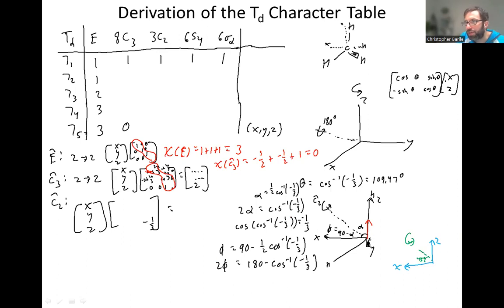The on-diagonal component here is saying, hey, x is going to go to cosine theta, whatever we're rotating by, cosine theta x plus sine theta z. We don't care about the sine theta z part. We just care about the on-diagonal part, which is the cosine theta x. So we have cosine of 2 phi, what we're rotating by, cosine of 180 minus cosine inverse negative 1/3.